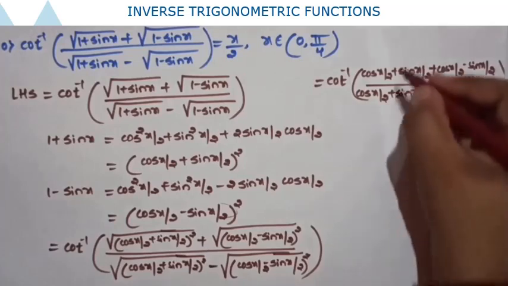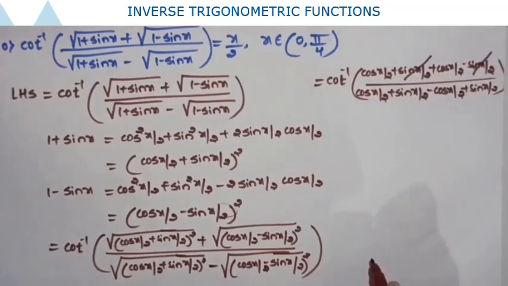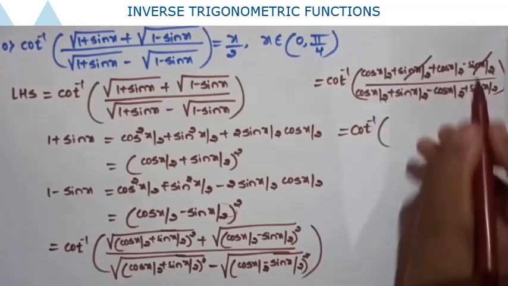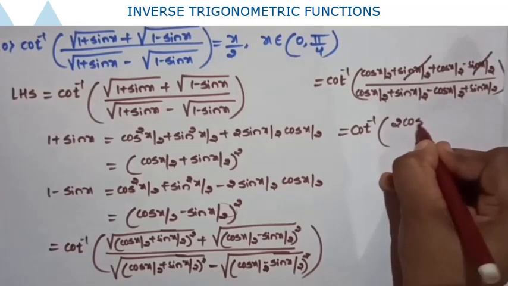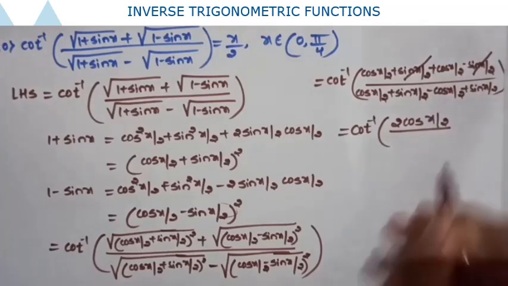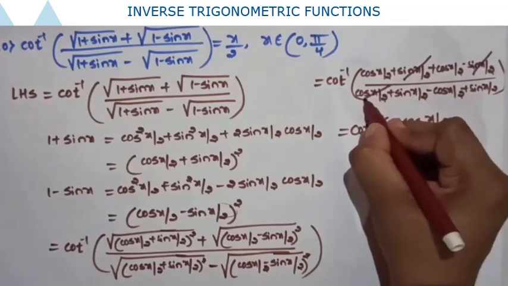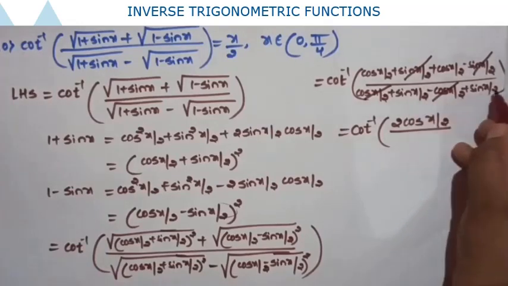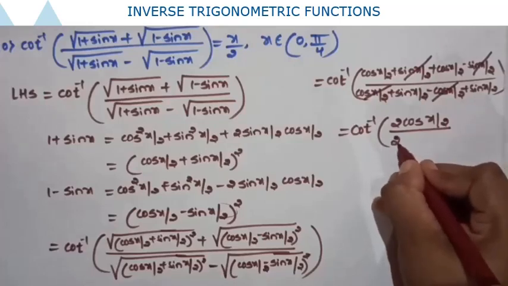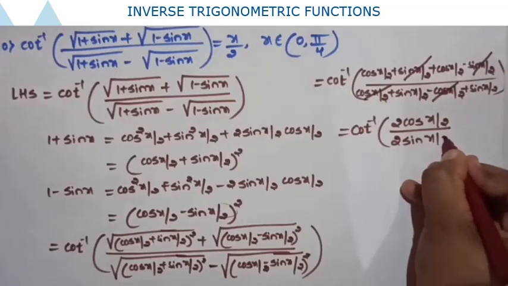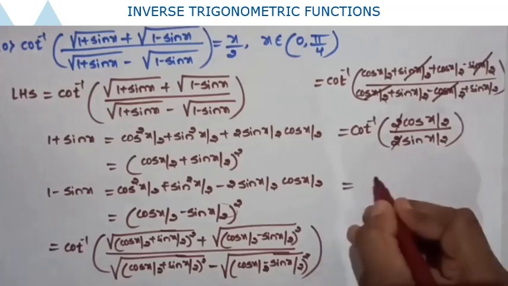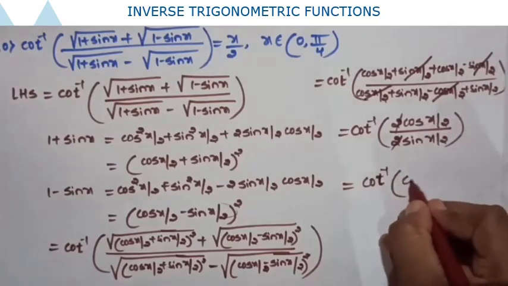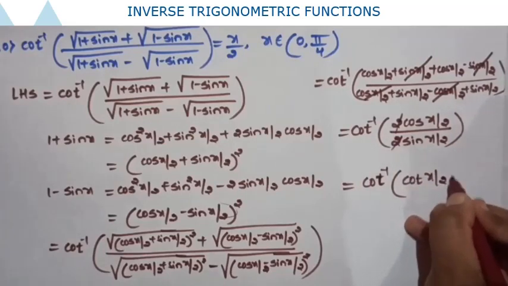And now in the numerator, sin x/2 cancels, so we have cot inverse of numerator cos x/2 plus cos x/2, therefore this becomes 2 cos x/2, whole divided by the denominator, where cos x/2 minus cos x/2 cancels, and sin x/2 plus sin x/2 becomes 2 sin x/2. So 2 cancels, and this becomes cot inverse of cos x/2 by sin x/2, that is nothing but cot x/2, right?